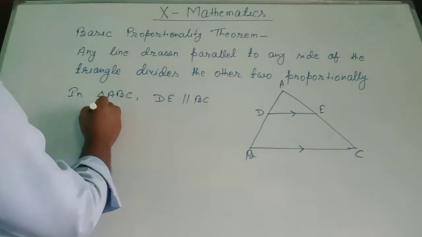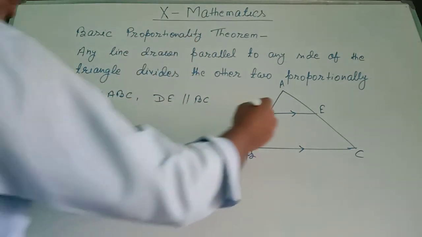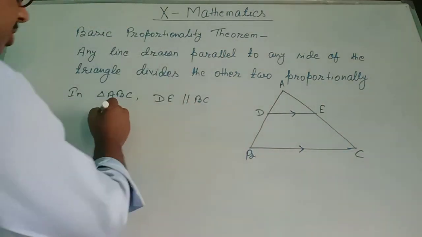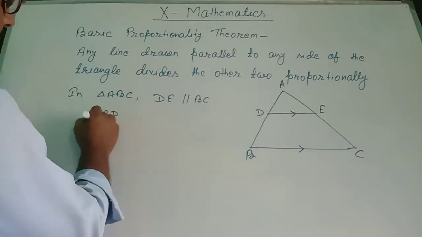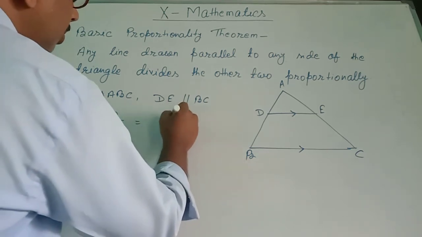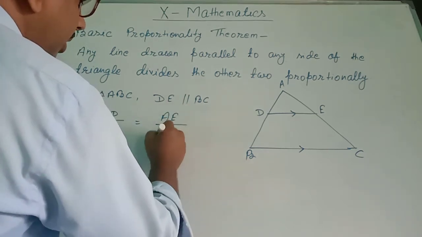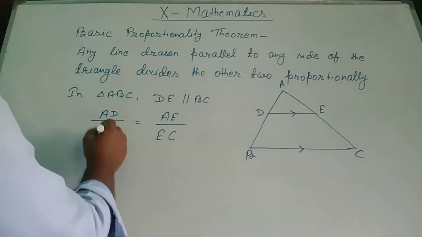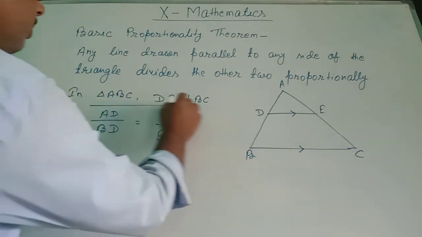Then, as per the rule, this line will divide these sides proportionally, means AD by BD is equal to AE by EC.